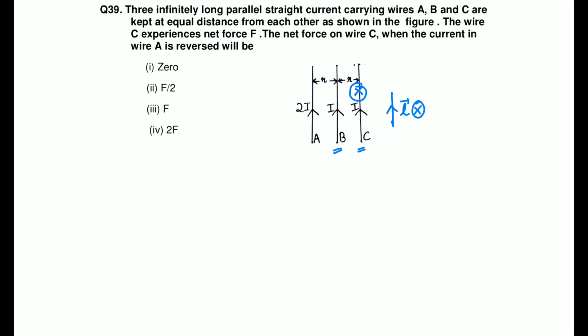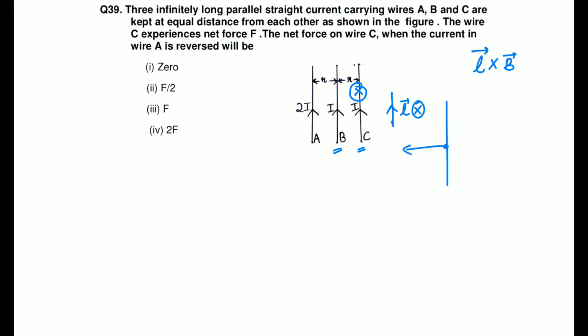Basically the force will be in the direction of L cross B. So curl your right fingers from L to B, just curl it with me. When I curl it, I find my force is in that direction.